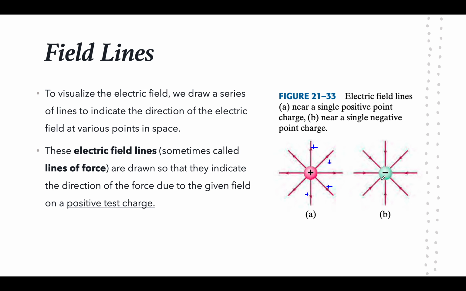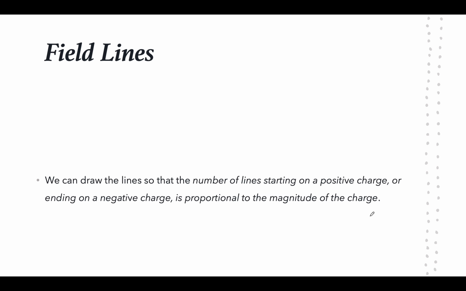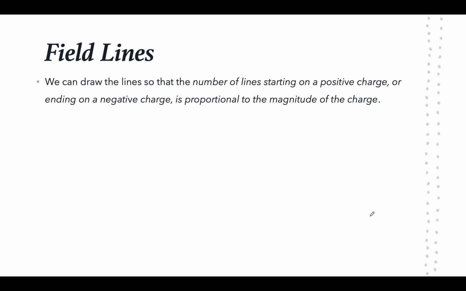If I have a negative charge, and I place positive test charges all around here, then all these positive test charges are going to feel a force of attraction, right? Because opposite charges attract. So then the electric field created by a negative charge is a field of attraction. So the field lines point towards the charge.